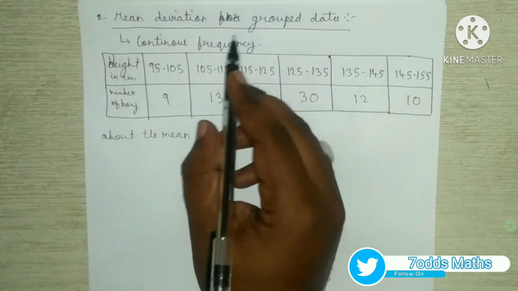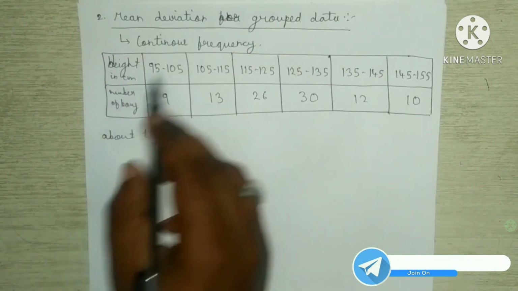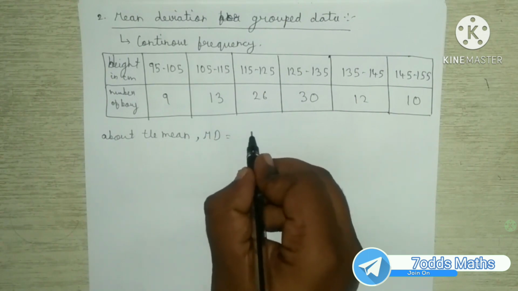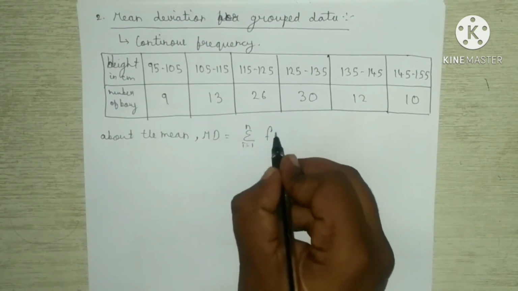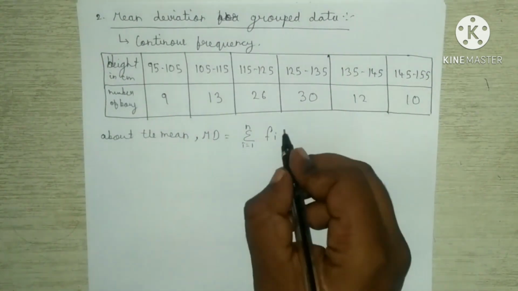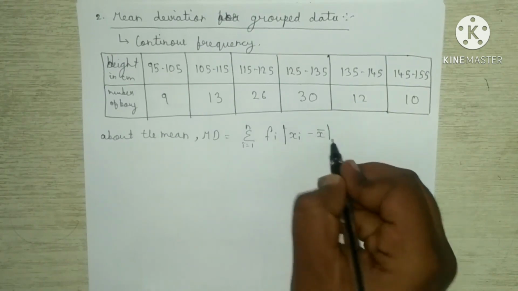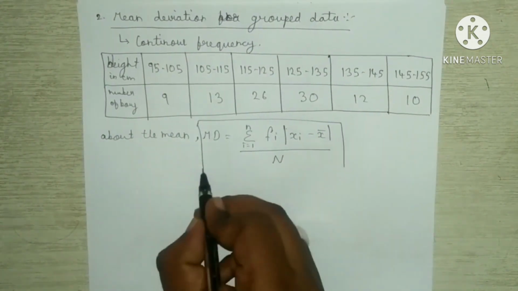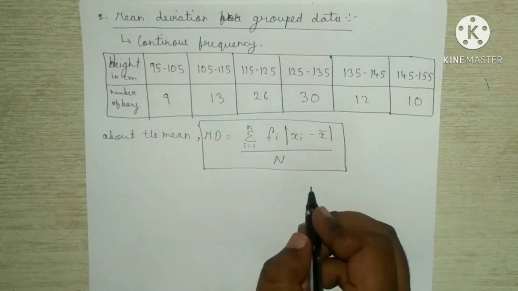If the question says find the mean deviation for the grouped data about the mean, the mean deviation formula is equal to summation i varies from 1 to small n, f into, this is nothing but frequency, you need to find the xi, |xi minus x bar|, all divided by capital N. This is the mean deviation formula in continuous frequency for grouped data.